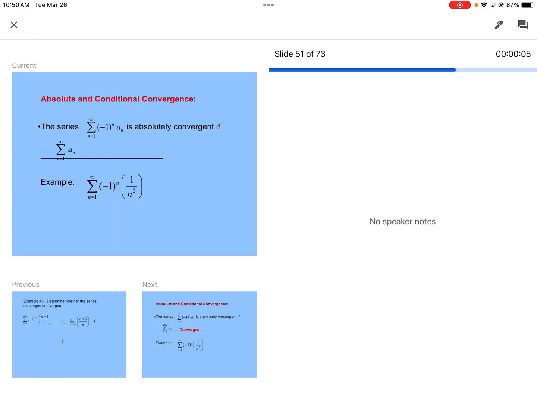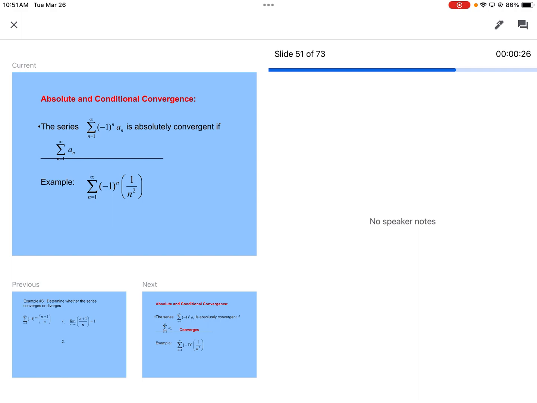All right. In alternating series, we talk about something called absolute and conditional convergence. So we're going to write down this to just begin with, and then we're going to go forward, okay?